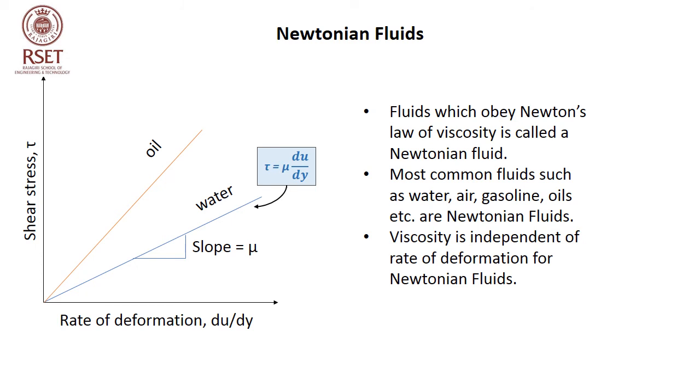There are some exceptions, but in this course we are studying in detail only the Newtonian fluids. But we will just go through what other classifications of fluid are available to you.